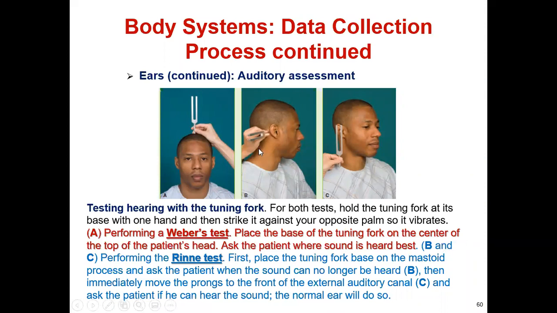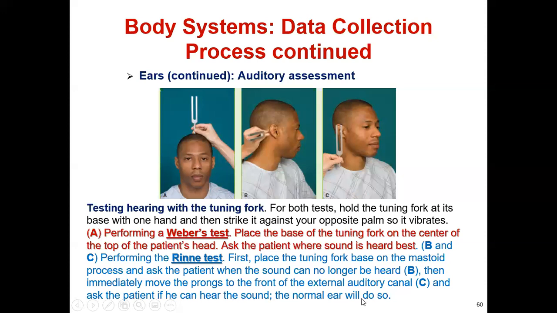Then go to pictures B and C, performing the Rinne test. First, place the tuning fork base on the mastoid process, the bone behind the ear. Ask the patient to tell you when the sound can no longer be heard. Then in picture C, immediately move the tines in front of the external auditory canal and ask the patient if they can hear the sound.